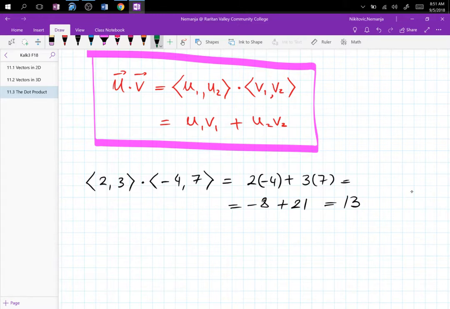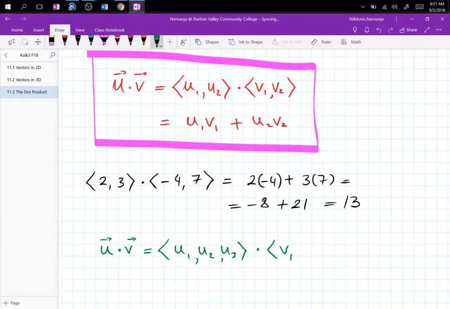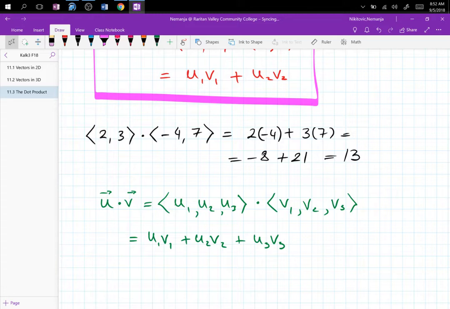Now, what I can do is put this in any dimension I want. So I can go with 3D, 4D, 5D, any dimension that we think of. So u dot v as three-dimensional vectors, so u1, u2, u3, dotted with v1, v2, v3, will give us u1 v1 plus u2 v2 plus u3 v3, again a number.